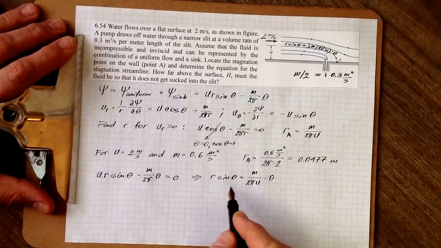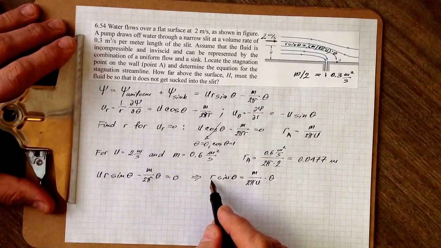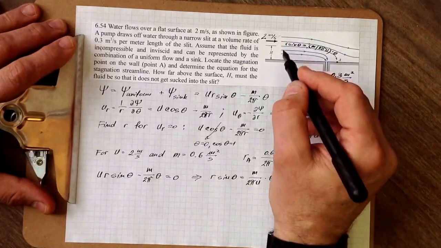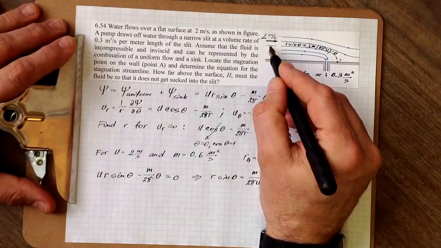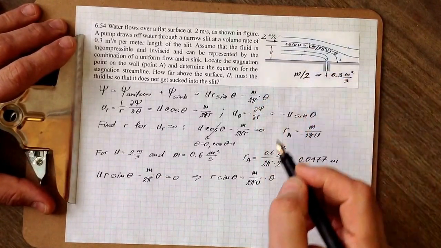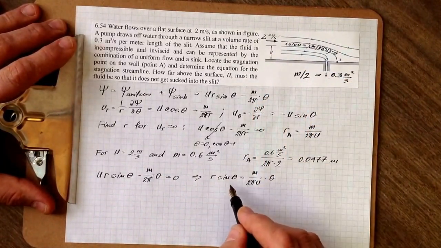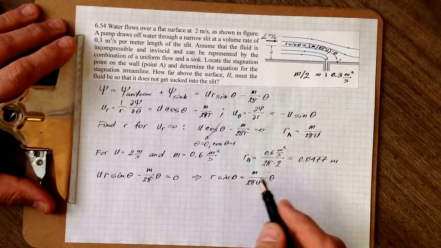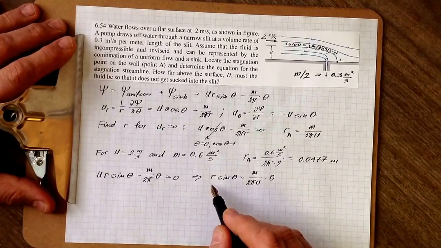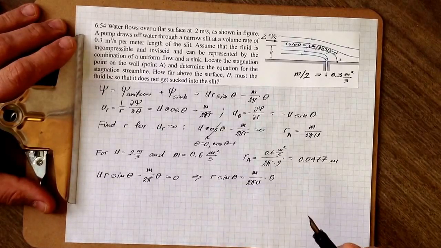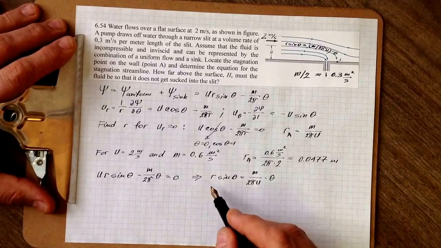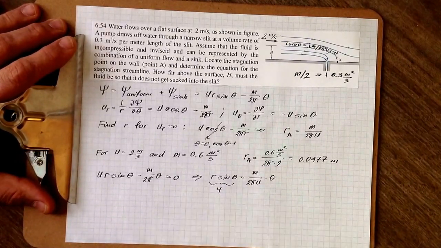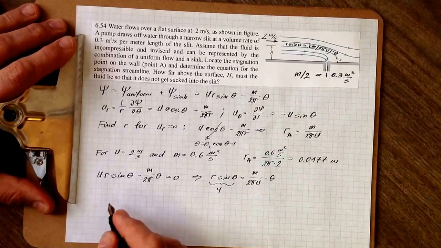Now here we have an expression for r, but what I really want to find out is the height h. So I need to convert this expression into x and y coordinates, saying that x is equal to r cosine theta and y is equal to r sine theta. So this is nothing else but my vertical coordinate y.